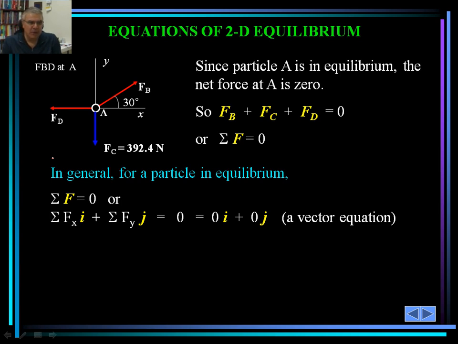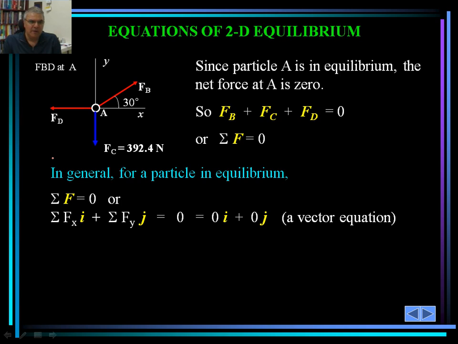Particle A is in equilibrium. Then the net force at A must be 0 because the entire system is in equilibrium. So F sub B plus F sub C plus F sub D is 0.